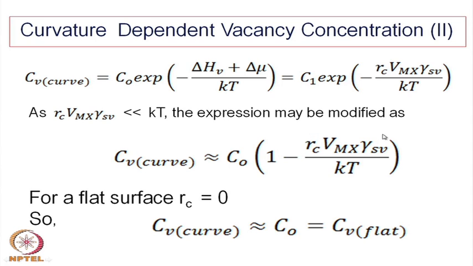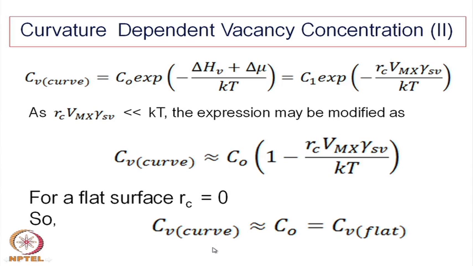So, the exponential term is simplified into a linear expression, and then for a flat surface, RC, the radius of curvature, which comes from the mu delta mu term, is equal to 0. If RC equals 0, this whole term becomes 0.